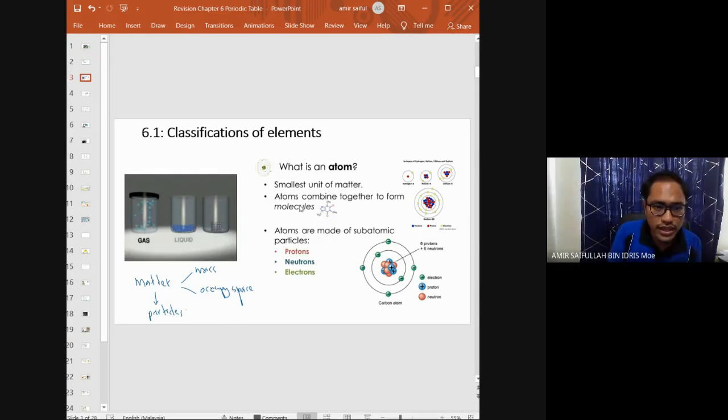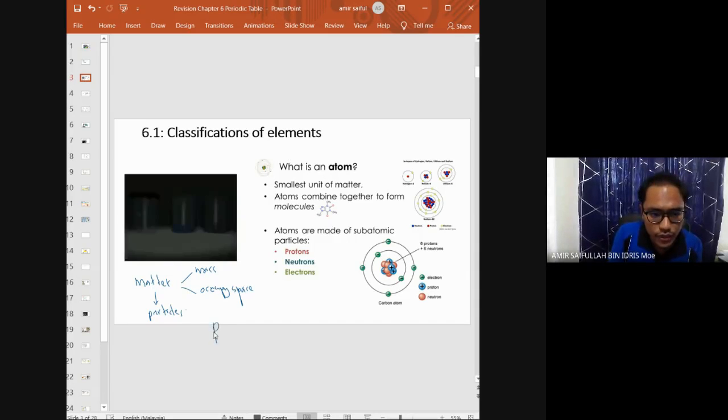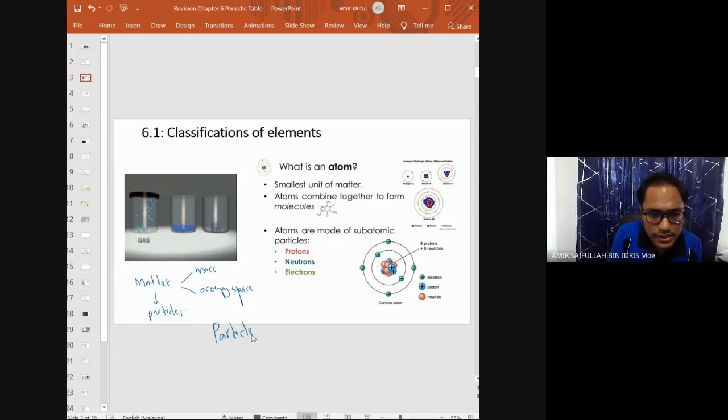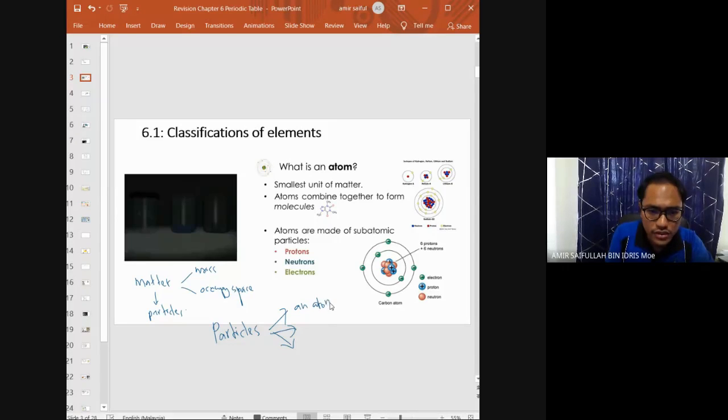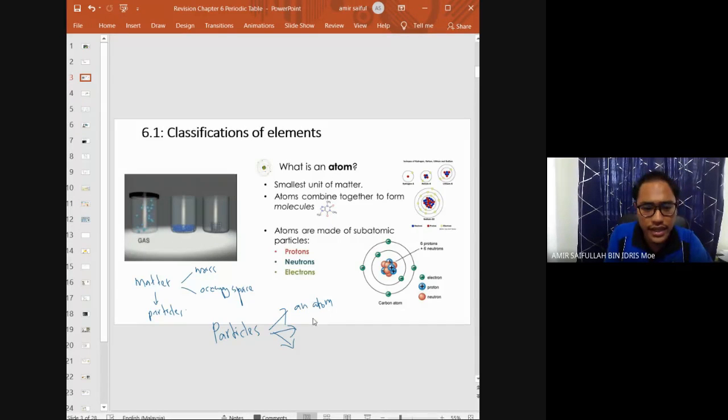So today what we are going to learn is that the particles in any object can be an atom, or a molecule, and it also can be a compound.